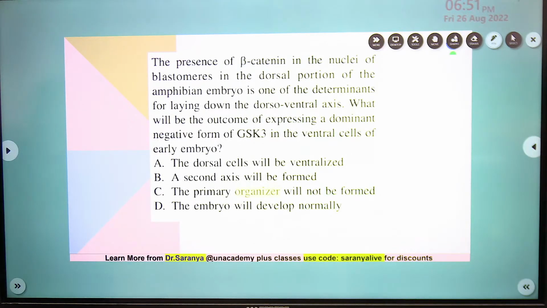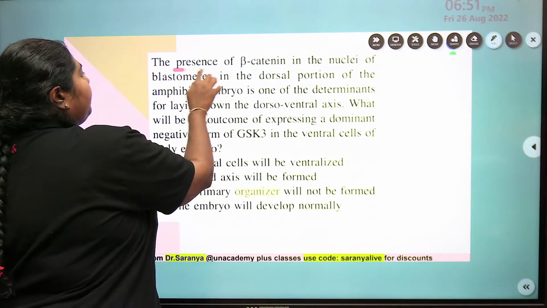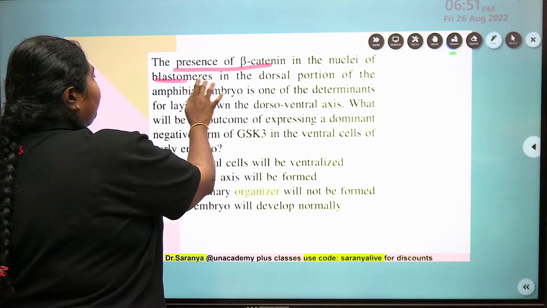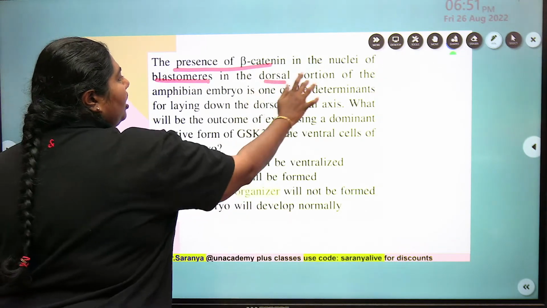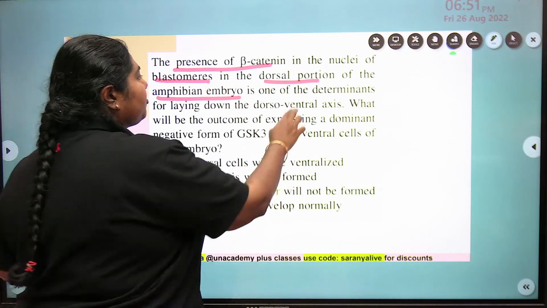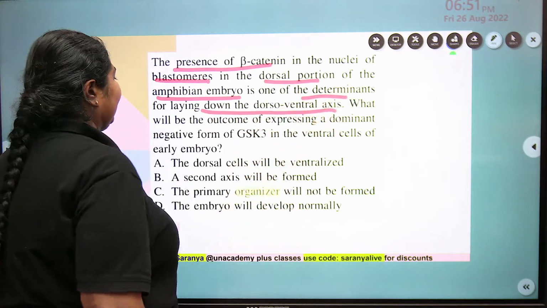Okay, so let's take this question. The presence of beta catenin in the nuclei of blastomeres in the dorsal portion of this amphibian embryo is one of the determinants for laying down the dorsoventral axis.